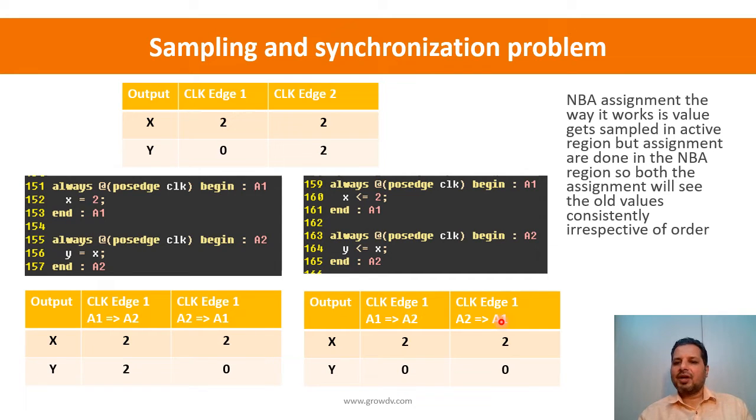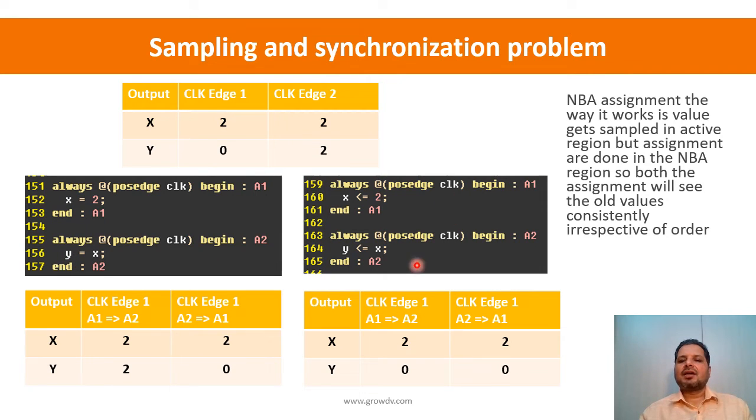Since we just sample it and we do not do the assignment, the value is guaranteed to be deterministic irrespective of the order of execution, whereas in blocking, the value reflects depending on the order, because both assignments are taking place in the active region itself. So if x equal to 2 gets executed and then y equal to x gets executed, the y equal to x will see the latest value, whereas if y equal to x gets executed first, then y will end up sampling the previous value.